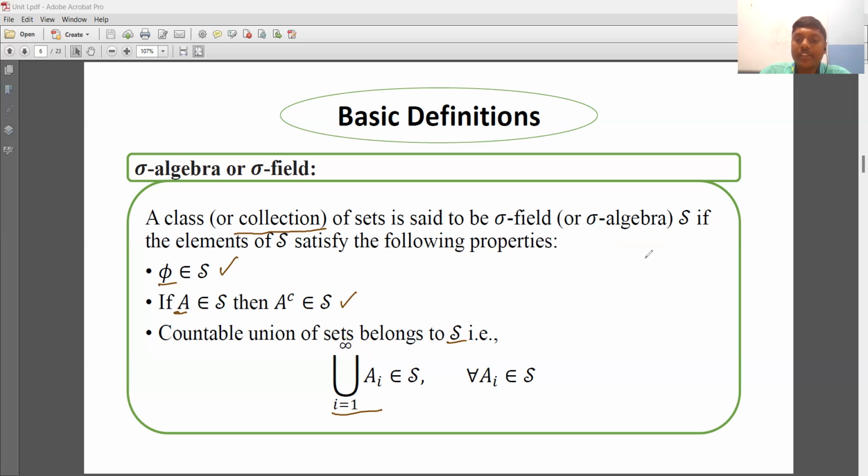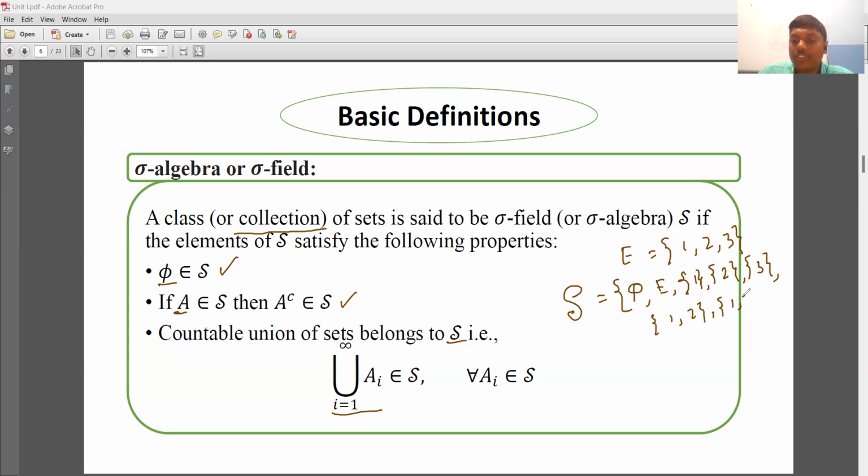Suppose, with a different notation, E equals a set like {1, 2, 3}, and we want to construct a sigma algebra corresponding to this E. The sigma algebra is going to be the null set, and its complement, which is the set itself, E. Then all the possible subsets of E. That means I have to consider the singleton sets {1}, {2}, {3}, and the sets {1,2}, {1,3}, {2,3}. So these are the possible subsets of E.